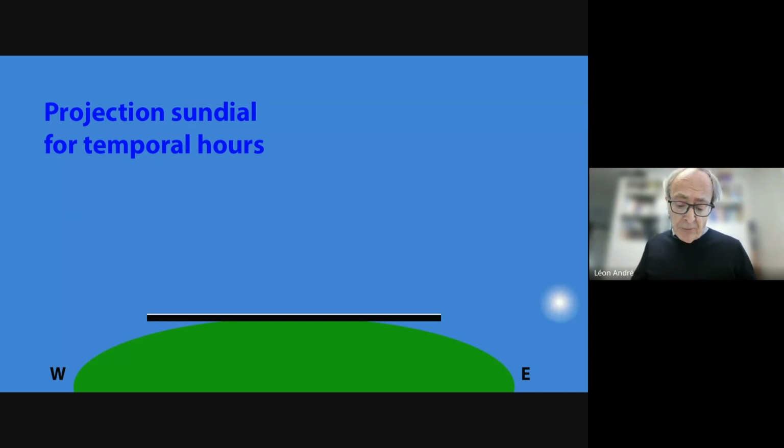After that followed 12 nighttime hours. From today's perspective, temporal hours are strange, as their length changes from day to day, and on most days, the duration of a night hour was not equal to that of a daytime hour.